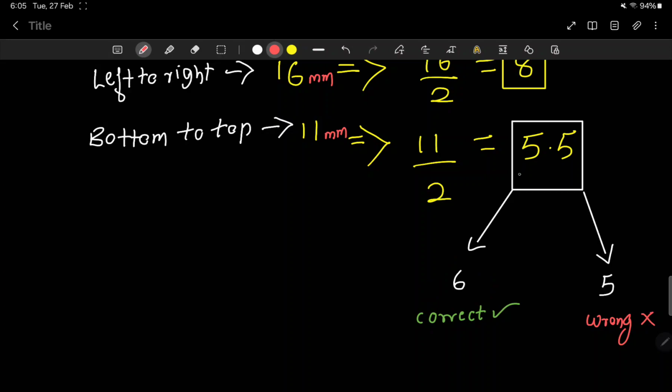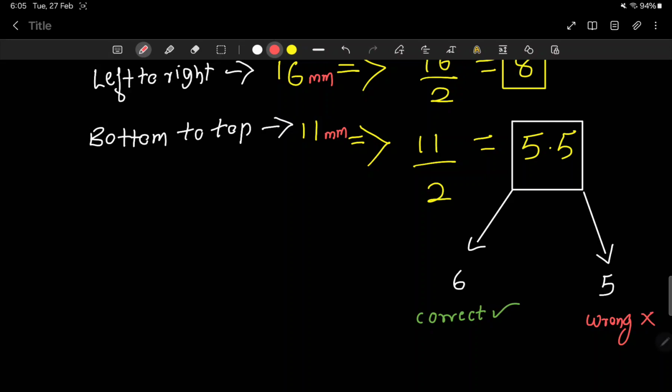But don't make this mistake in your exams: if it is 5.5, we will not round it down to 5. This is wrong. If the decimal is 0.5 or more than 0.5, then we take the next number as the correct number.